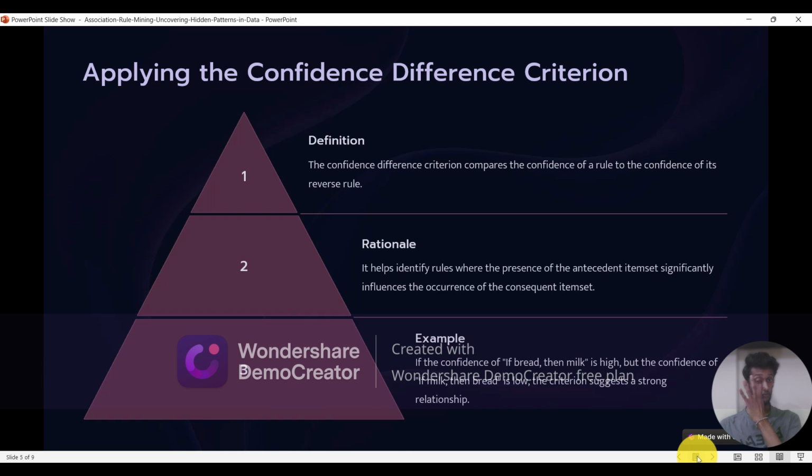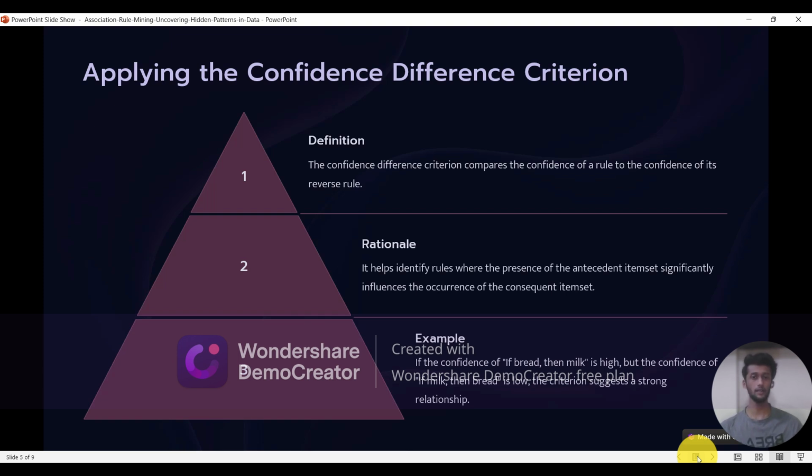Next is applying the confidence difference criterion. There are three steps. As you can see in the PPT, there is a triangle in which the first is definition, second is rationale, third is example. Definition: the confidence difference criterion compares the confidence of a rule to the confidence of its reverse rule.